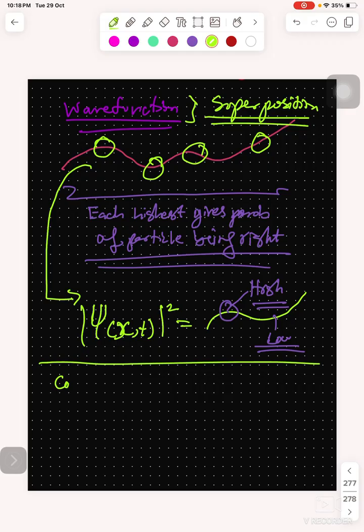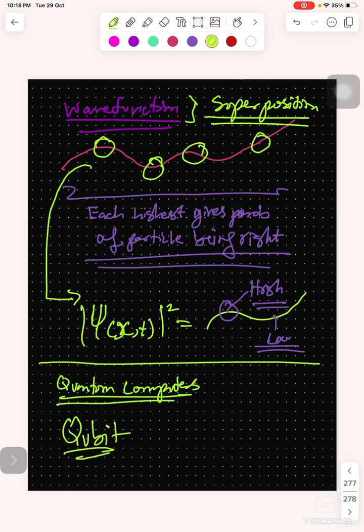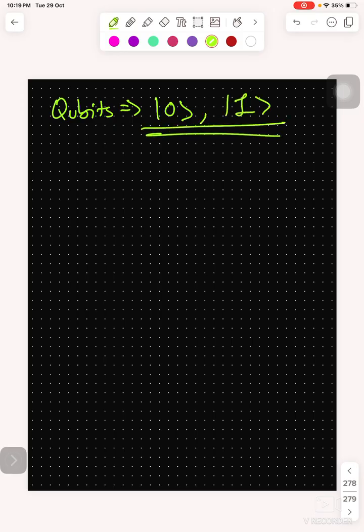Quantum computers. In that, the basic example is the qubit. Qubits are 0, or we could also say 1.